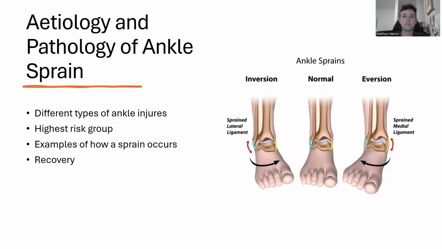A systematic review by Tricia Hubbard and Eric Wilkstrom found that 75% of initial lateral ankle sprains led to repetitive sprains and chronic symptoms.